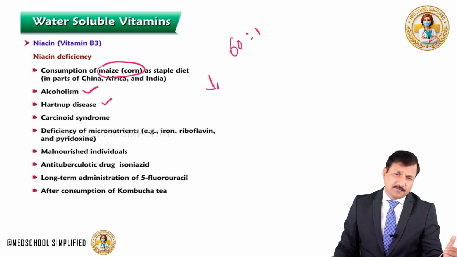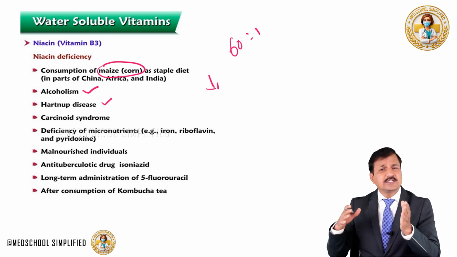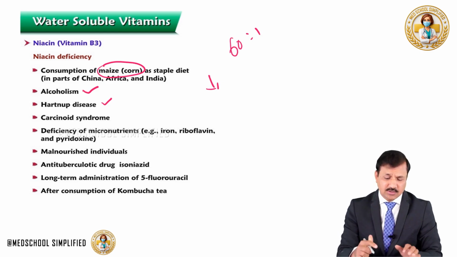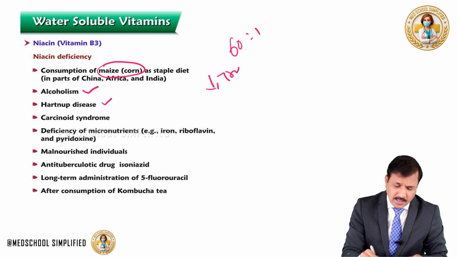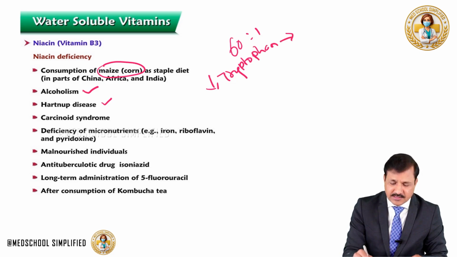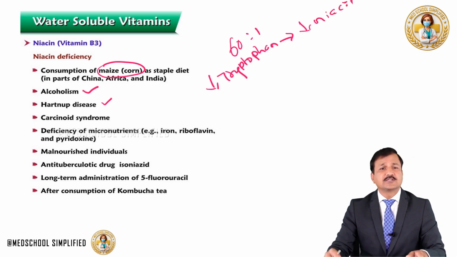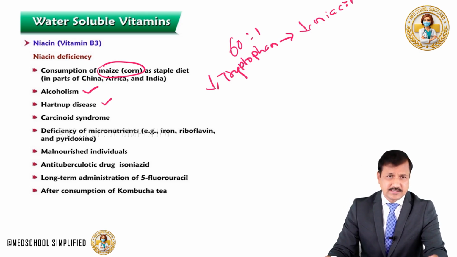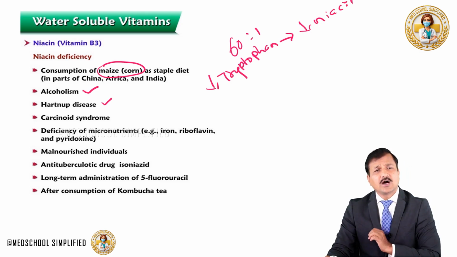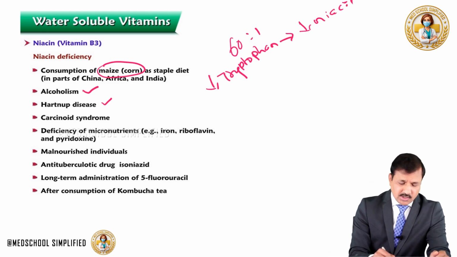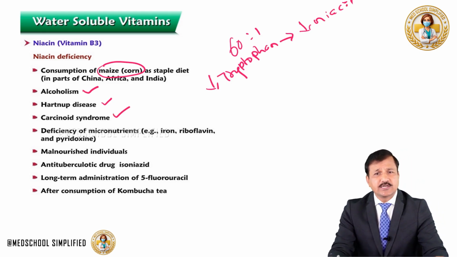Tryptophan absorption in the intestine is decreased, and tryptophan reabsorption in the kidney is also decreased, overall leading to tryptophan deficiency. When there is tryptophan deficiency, that will give rise to niacin deficiency, because 60 milligrams of tryptophan is equivalent to 1 milligram of niacin, and that is the cause of niacin deficiency in Hartnup disease.